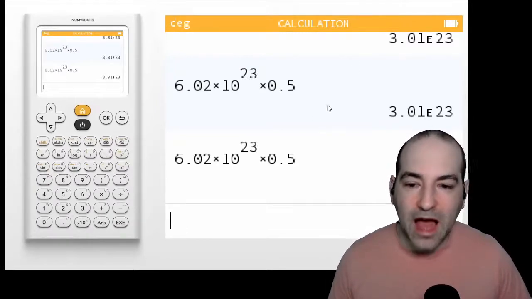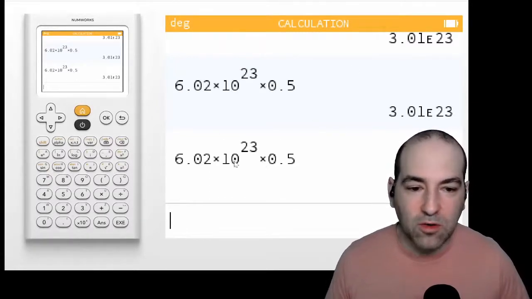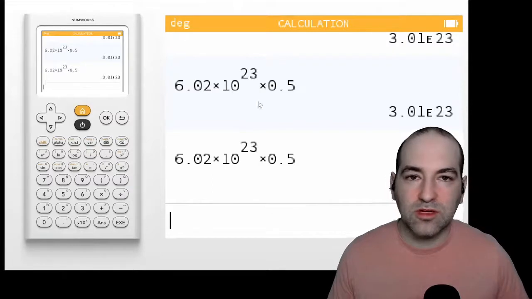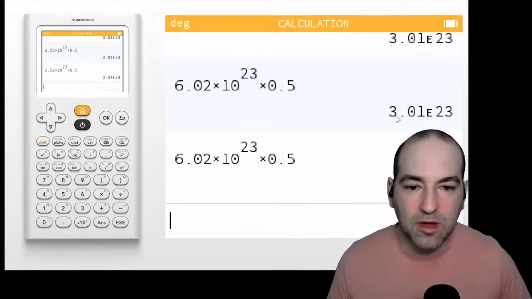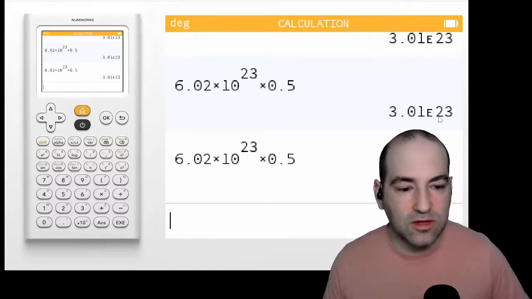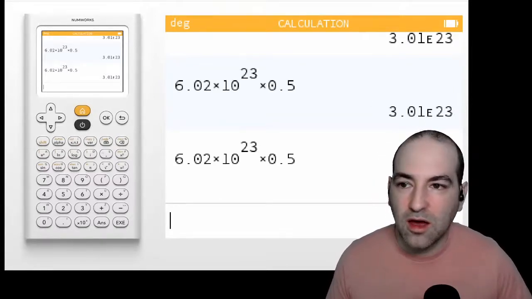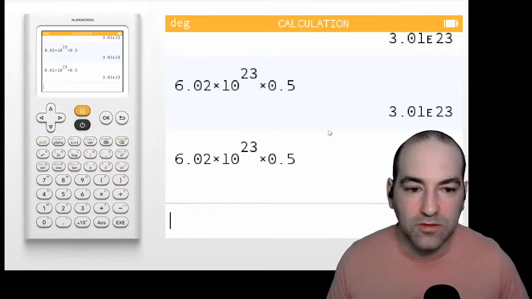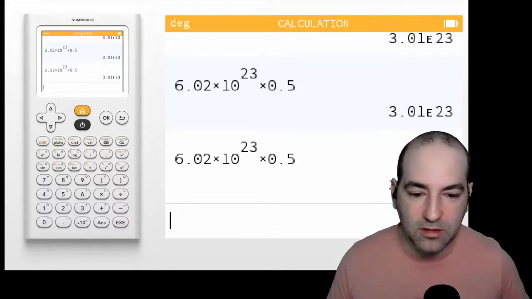And if you use that, then you don't have to worry about order of operations or making sure things are in the right order. You could just type 3.01 and then that E key and then 23, and that means times 10 to the 23rd. So that can be a nice way of doing those types of calculations. So let's do another example here, just so you can see what that looks like.